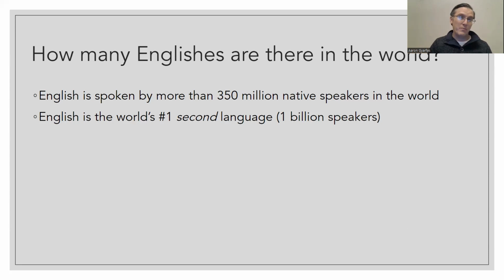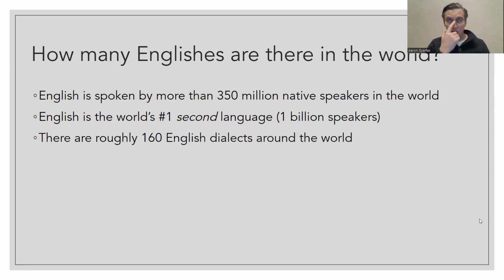So more people on this planet speak English as their additional language. Okay, people like me and probably you who grew up learning English as your native language, we're outnumbered, right? We're the minority.